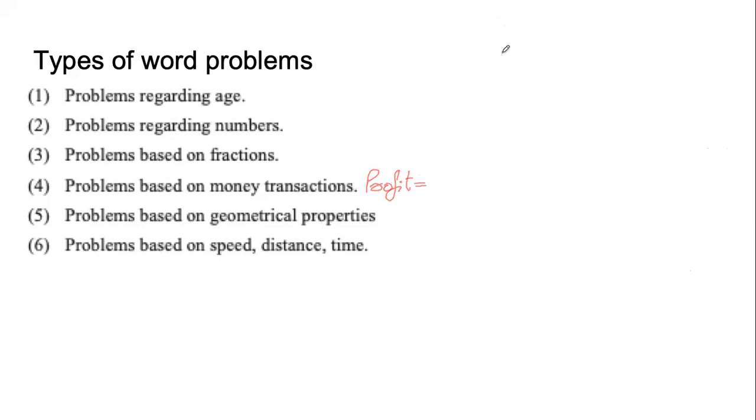Selling price, cost price minus selling price. Selling price minus cost price, beta. Ulta ho gaya. It will be selling price minus cost price. That will be our profit. And if this comes to negative, then that means it is loss. Thank you, Chanda. Thank you, Prachi, for answering in the chat. You need to know this basic thing.